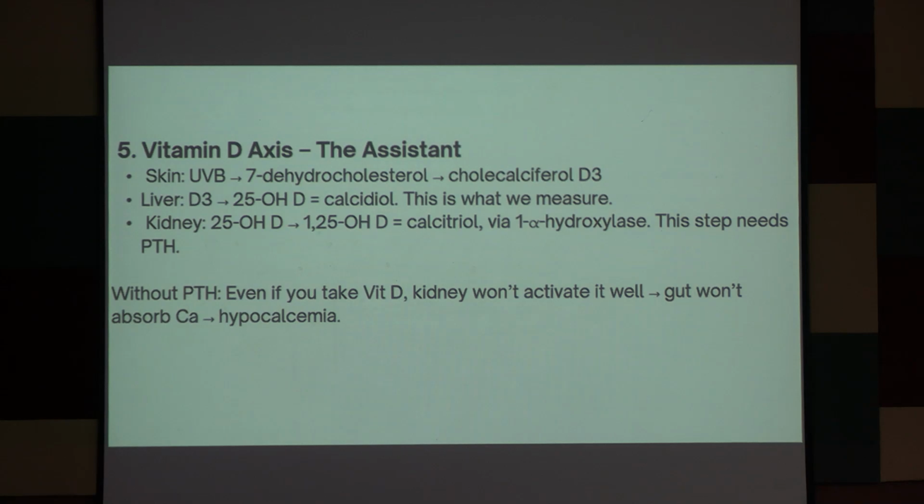And another part is the vitamin D axis. What is the role of sunlight in the metabolism of vitamin D? Which part of the sunlight? Ultraviolet B. What is ultraviolet B? What is the range of ultraviolet B?